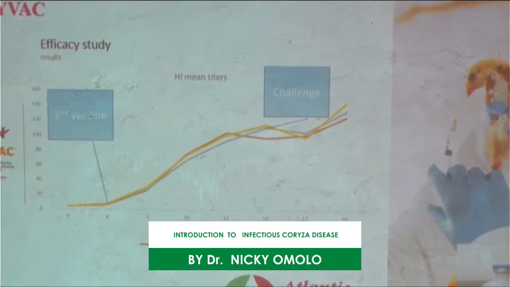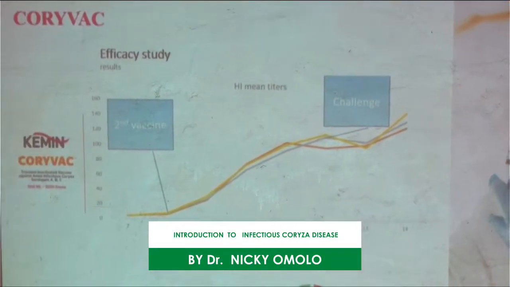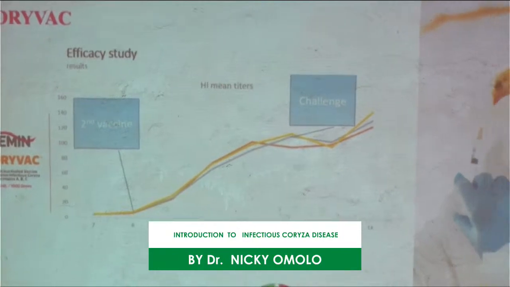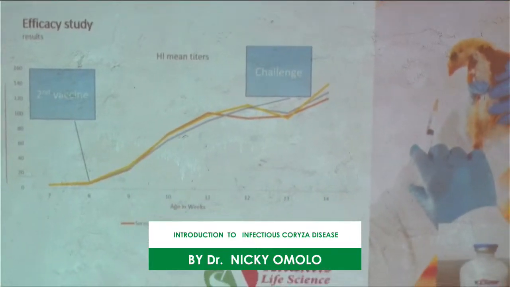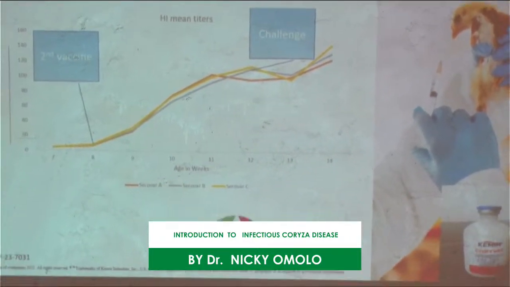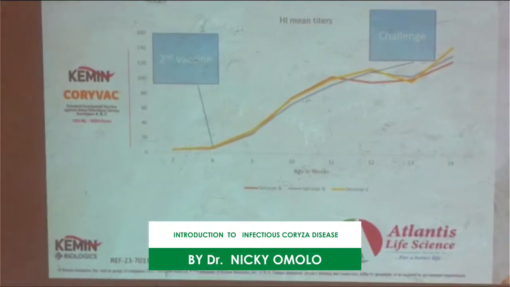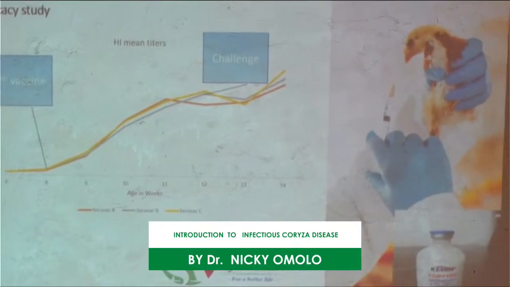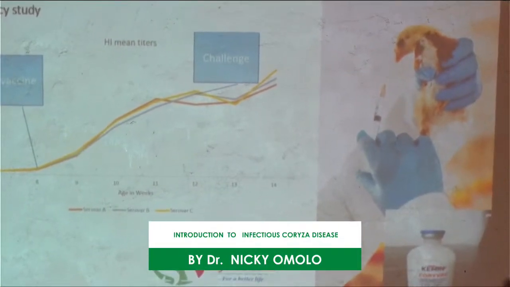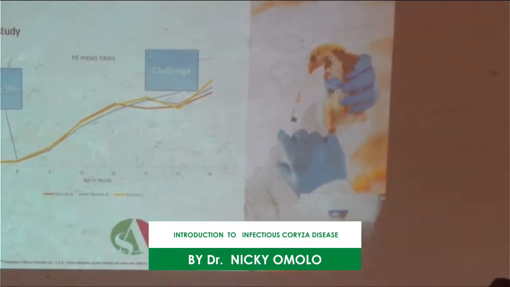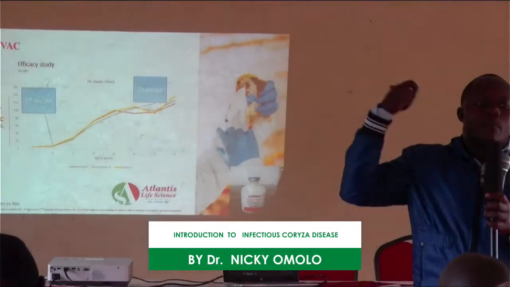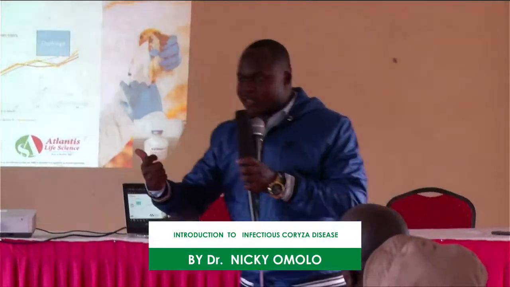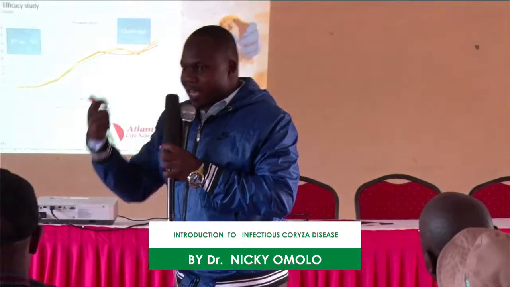That means you expose the birds to the disease. Then it was discovered that the titer value was so high that the birds were not able to manifest any symptom of infectious coryza. That means the vaccine has been able to elicit maximum immune response against the causative agent.